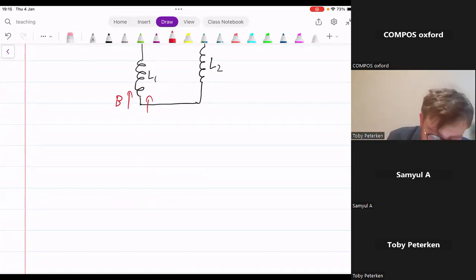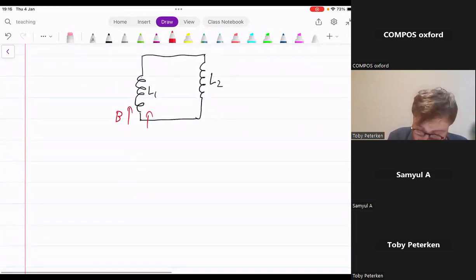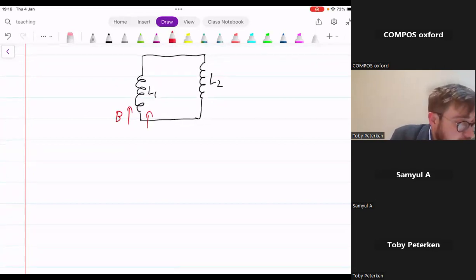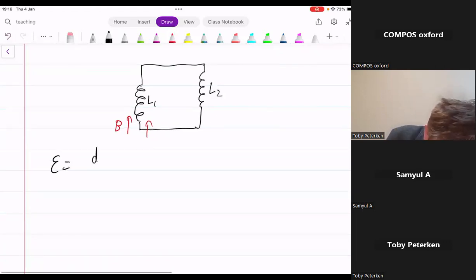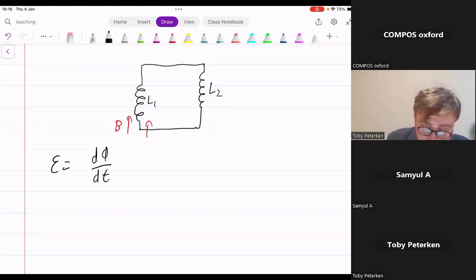So the total EMF is, well, EMF is the rate of change of flux with time, plus, well, there's a minus sign actually, remember.